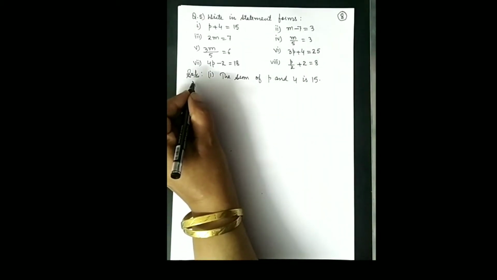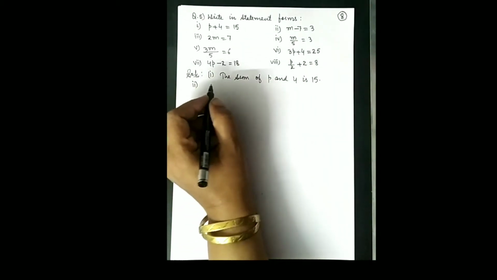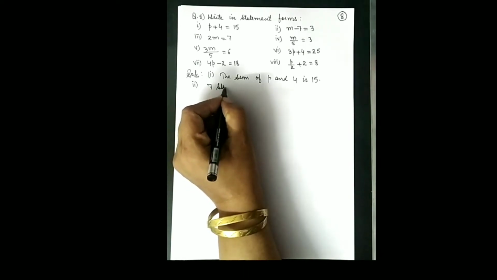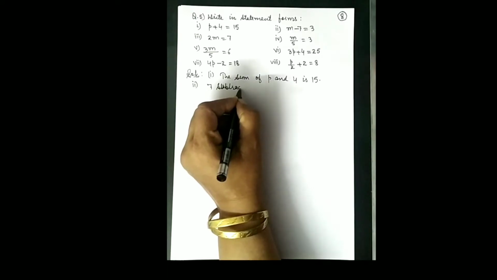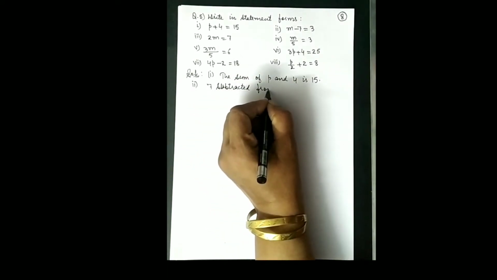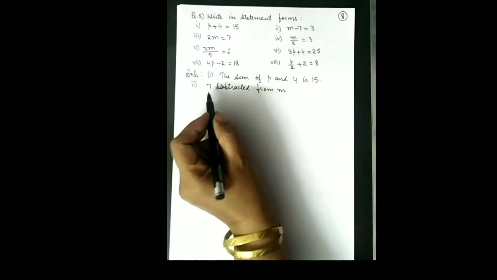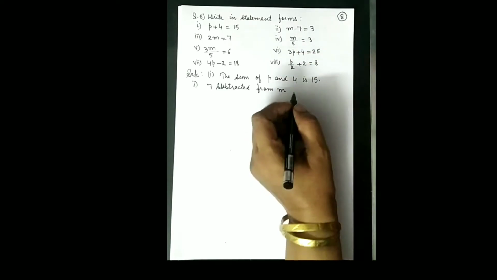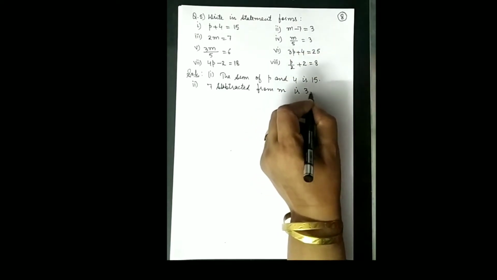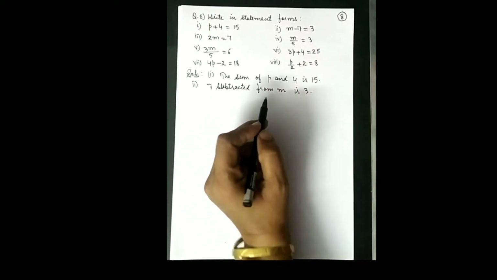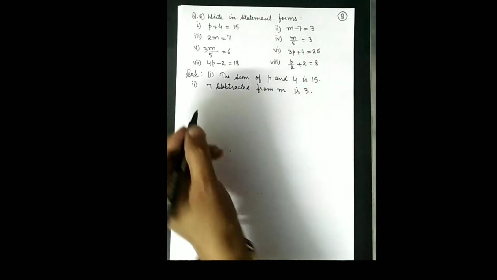So how will you write? 7 subtracted from M is 3.